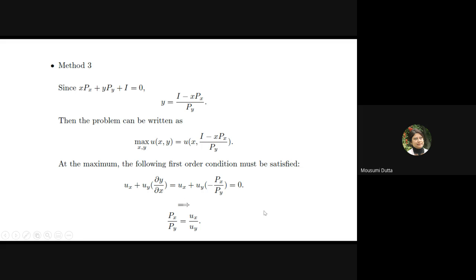Tell me if anyone has any difficulty in understanding. So the first step was ux plus uy dy by dx is equal to 0. Then I get dy by dx out of the equation y is equal to I minus xpx by py, which is minus px by py, so I am substituting that.